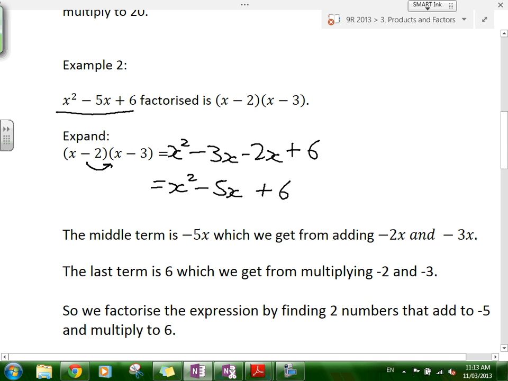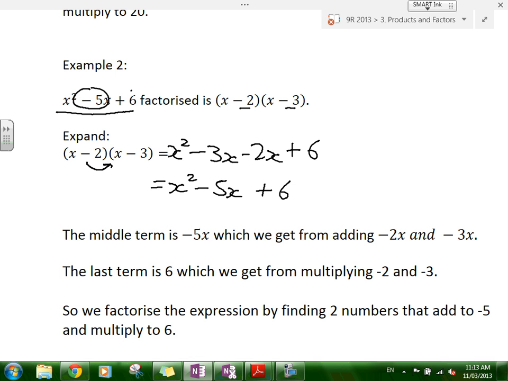Let's simplify it. Minus 5x plus 6. Now what we need to see is the link between minus 5 and positive 6 with the negative 2 and the negative 3.